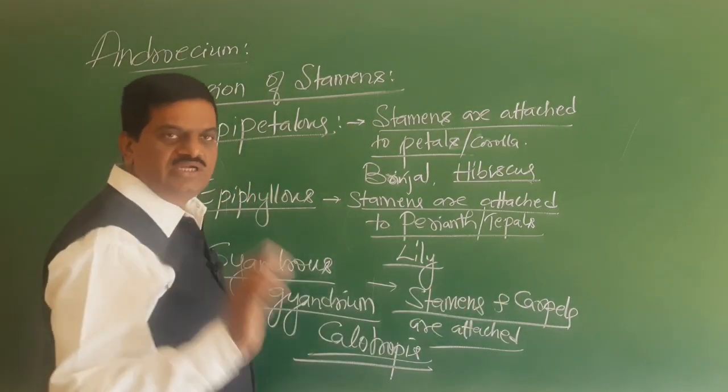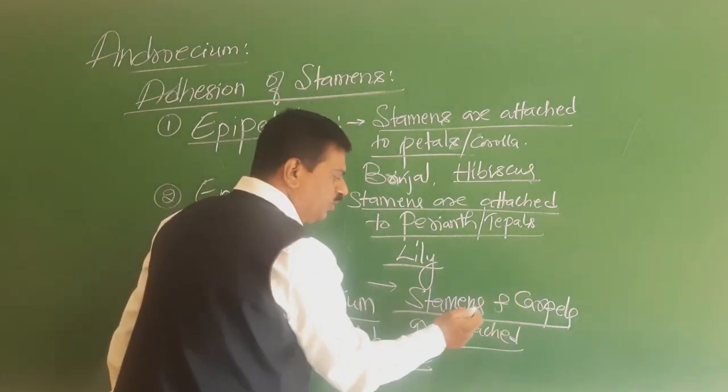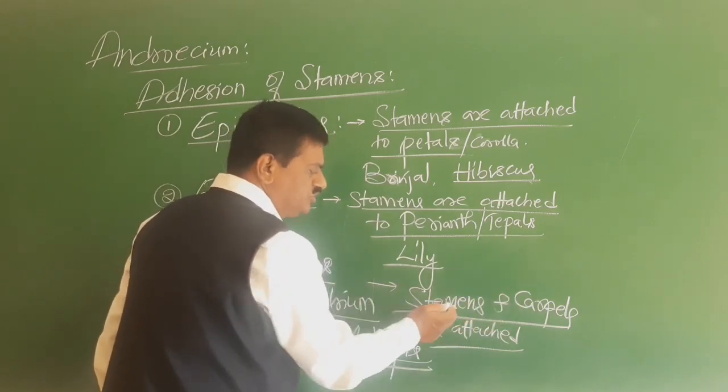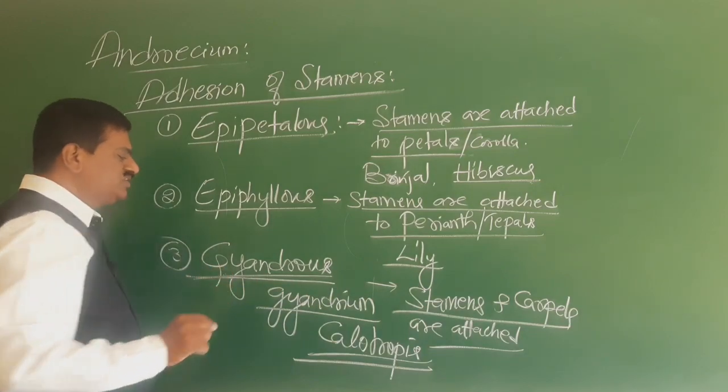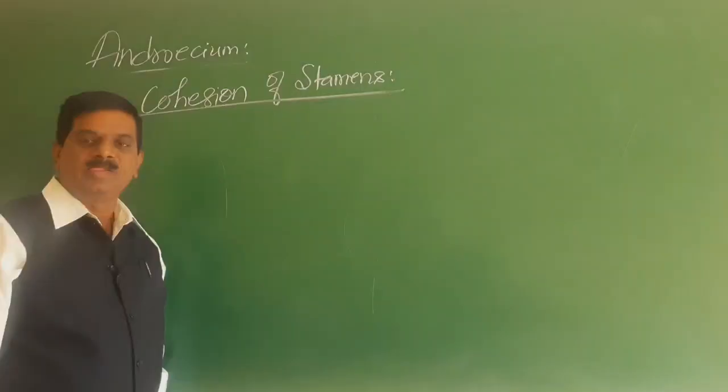Carpels are nothing but the units of the gynoecium. This is called gynandrous.